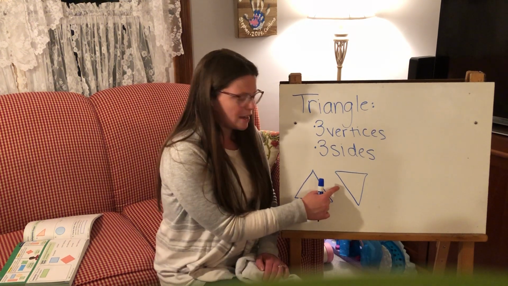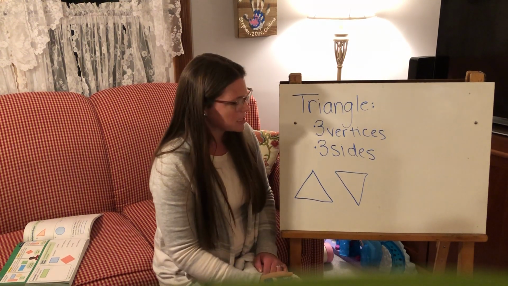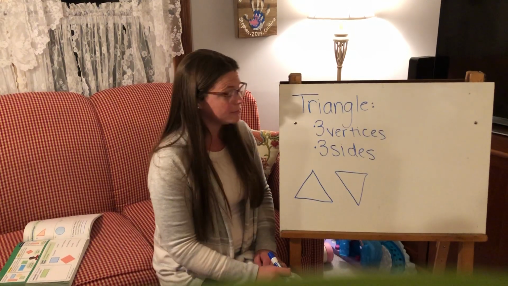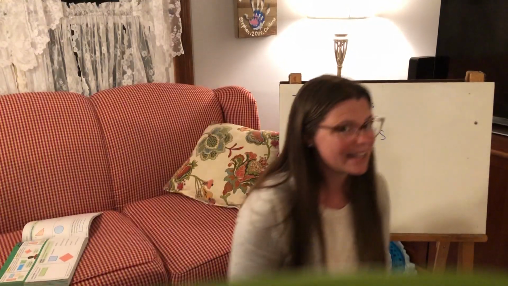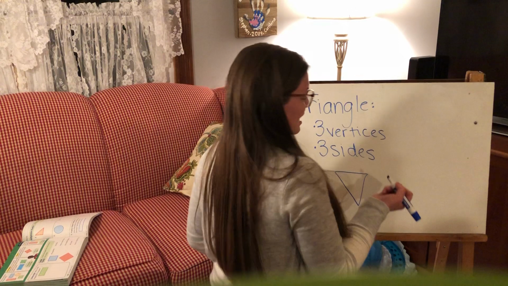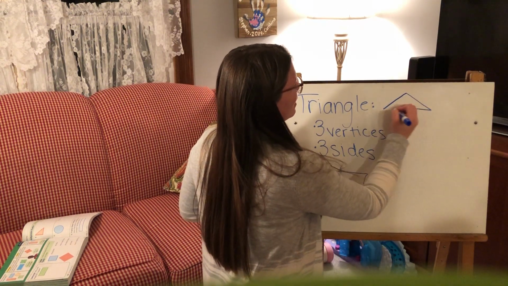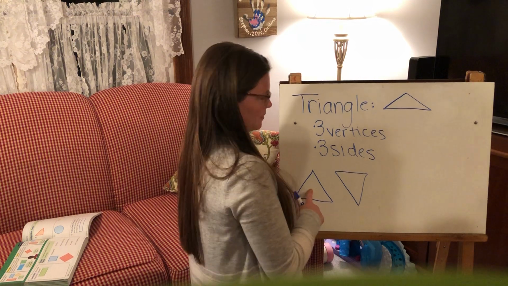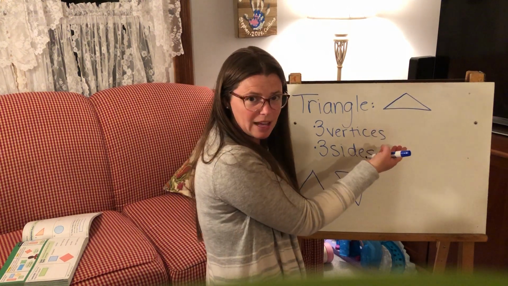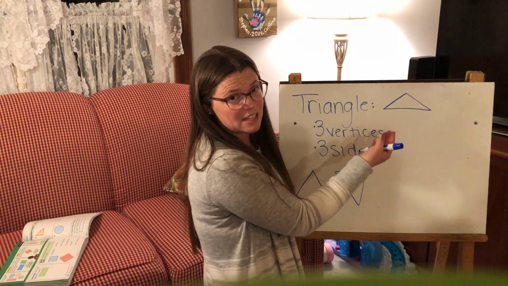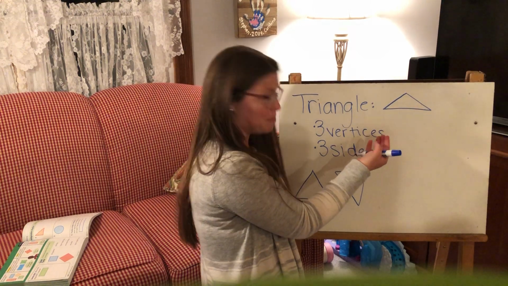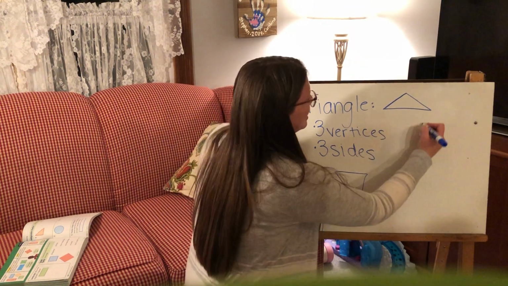A lot of people will say, oh, that's an upside down triangle. And it's like, well, who decided that it's upside down, right? As long as it has 3 sides, it's not even necessarily upside down. All right, what about this guy? He looks different from this one, but does he have 3 sides? Yep. Does he have 3 vertices? Yep. So he's a triangle.